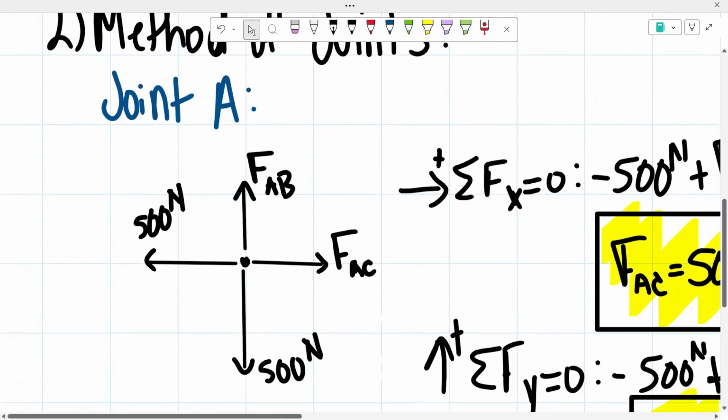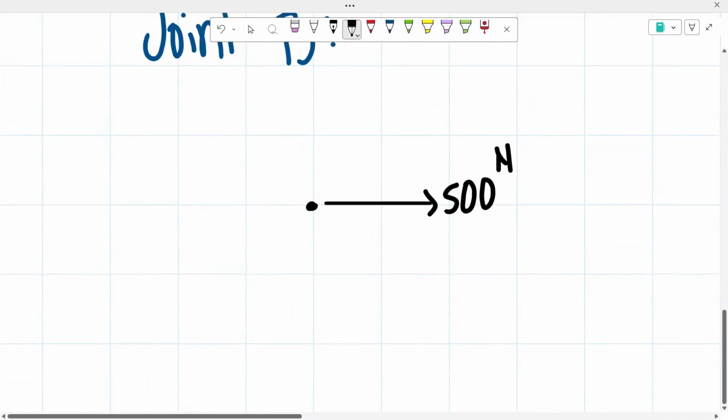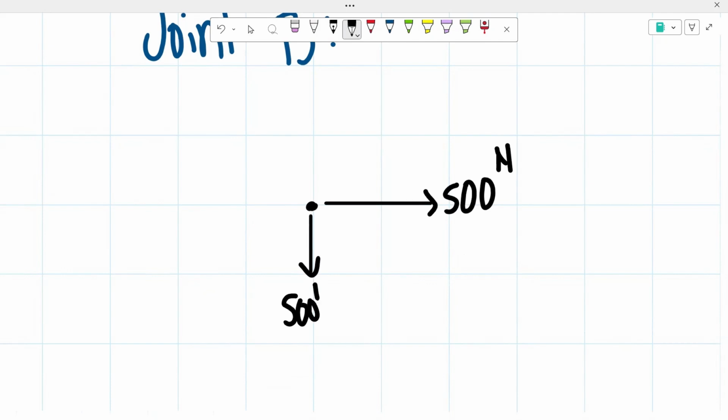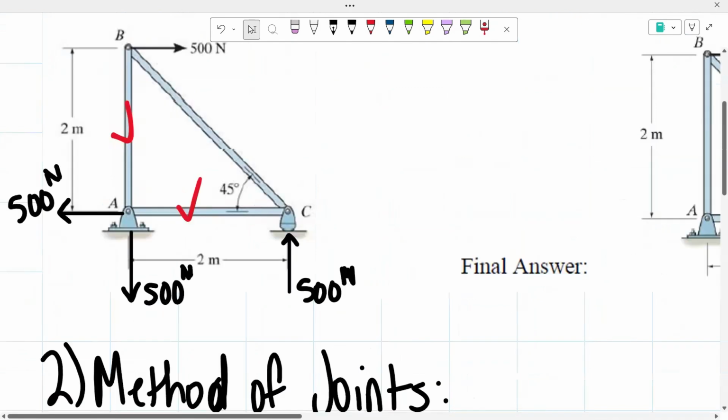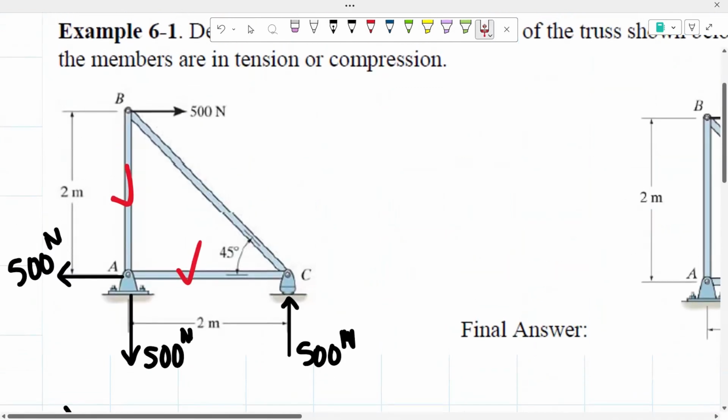Since it's in tension, we know that it's going to be going away. We have 500 newtons. And then from there, we have that unknown force that we're trying to determine. I'm going to call this force BC.